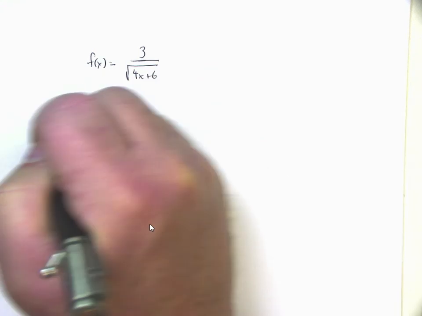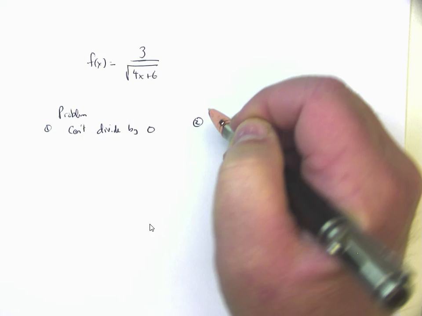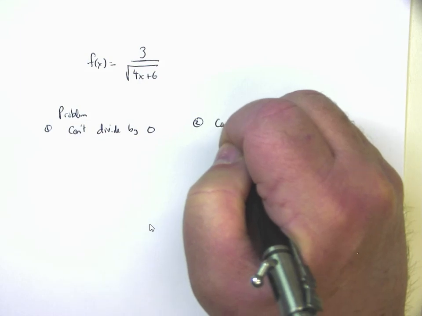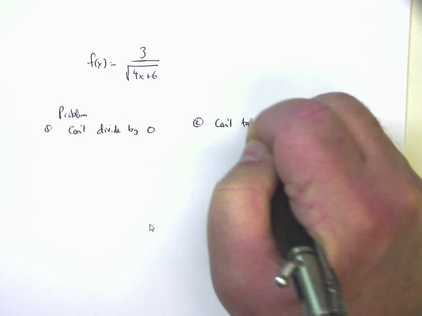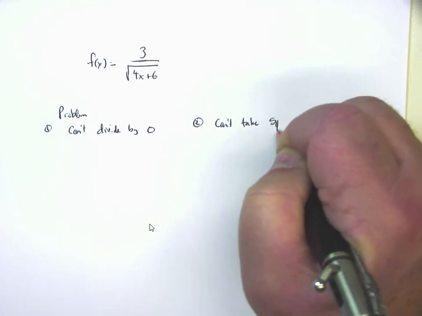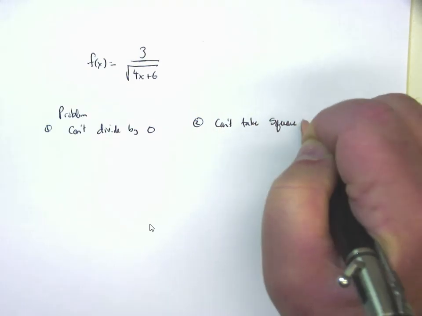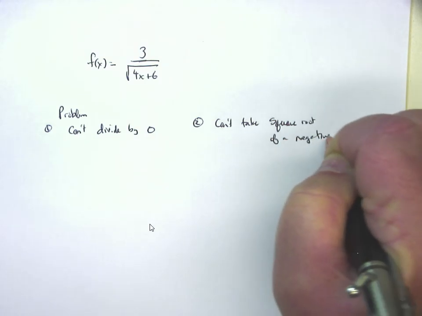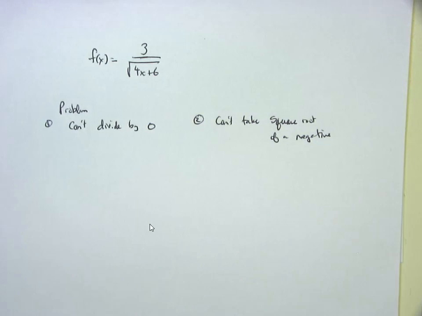And the second problem is, because you've got a square root, you can't take the square root of a negative. So this was kind of a combination of both of them. You with me? I've got to put those two concepts together.